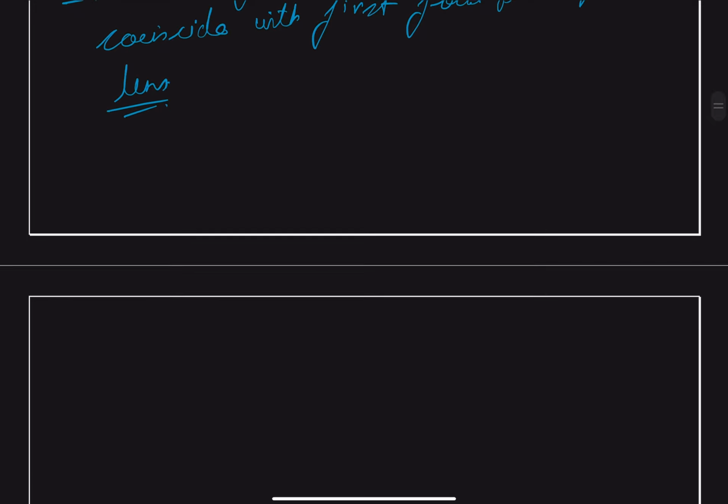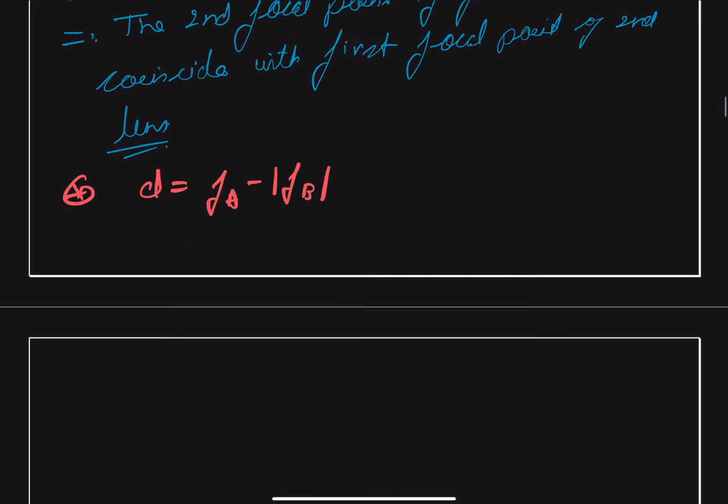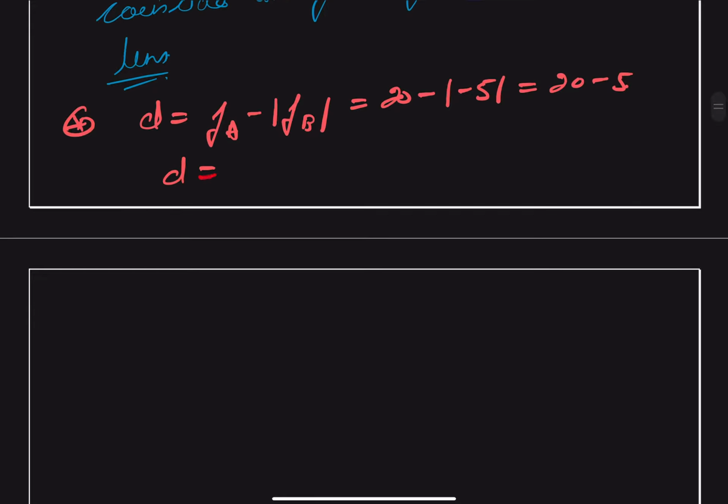The D will be the difference in the focal lengths of the two, and we already know it is 20 minus 5. So the distance D will be equal to 15 centimeters.